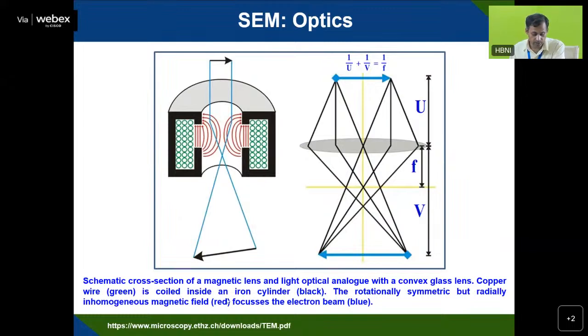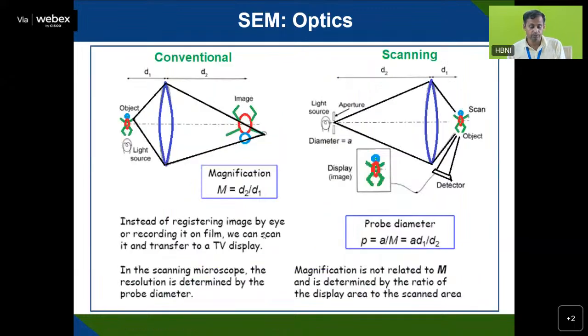Copper wire is coiled inside an iron cylinder, and you get a rotationally symmetric, inhomogeneous magnetic field. These are the magnetic lenses, and they act equivalent to a normal lens. Because of the magnetic field, the electrons deviate from the path, and you are able to see the particular image in the case of SEM.